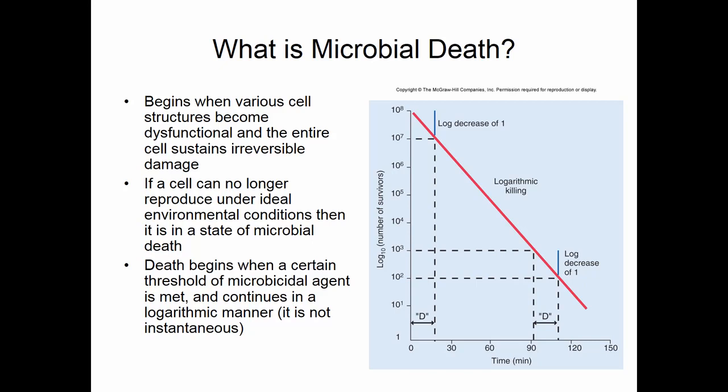If you're under a boil water alert, they don't tell you bring your water up to a boil and then shut it off. You have to let time do its thing. You have to make sure that whatever agent you're applying, whether it's a physical method or a chemical method, has enough time to kill all of those cells that are in there. Are we making sense with that? Okay.